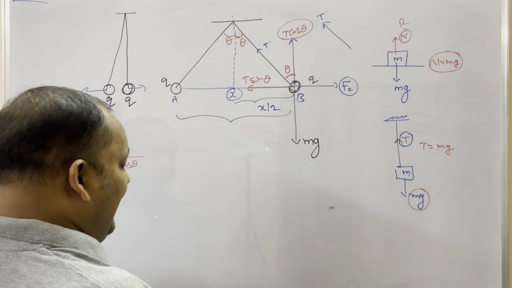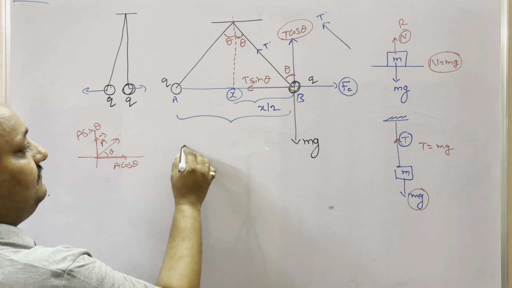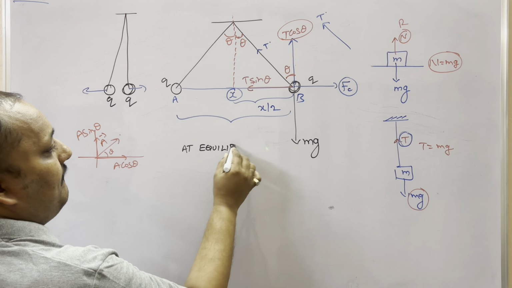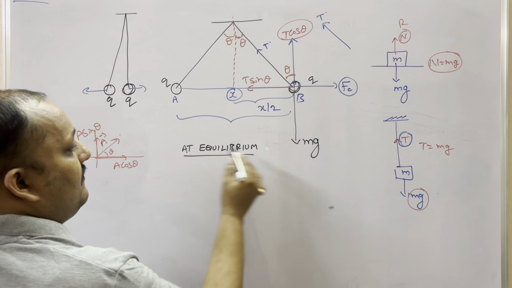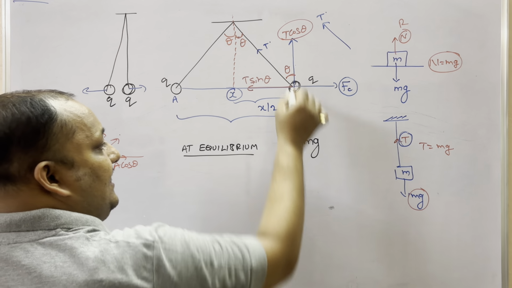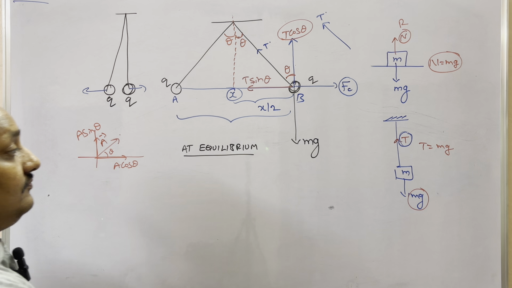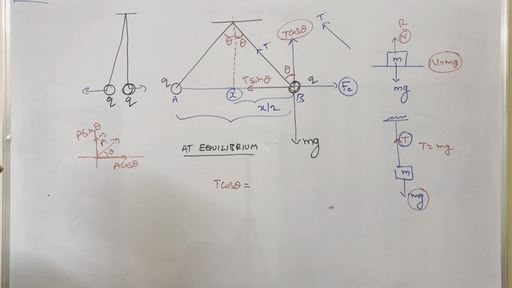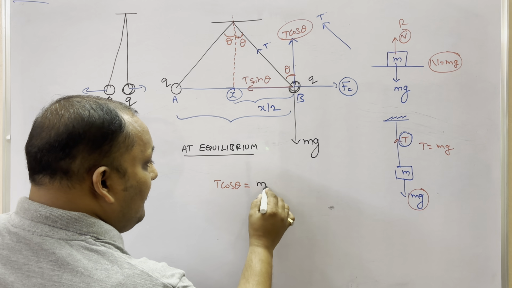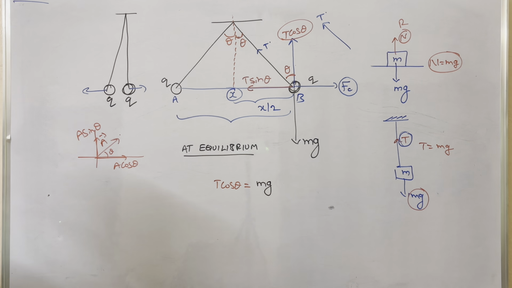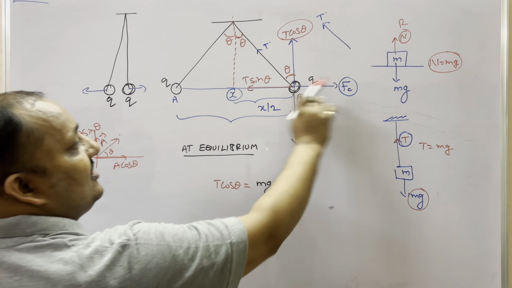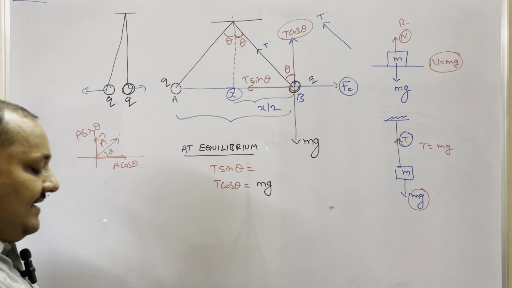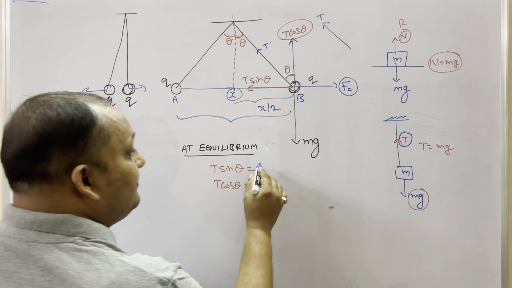So now at equilibrium condition, T cos theta equal to what we got here? mg. T cos theta equal to mg, like that. In the horizontal direction, T sin theta equal to what you got there?